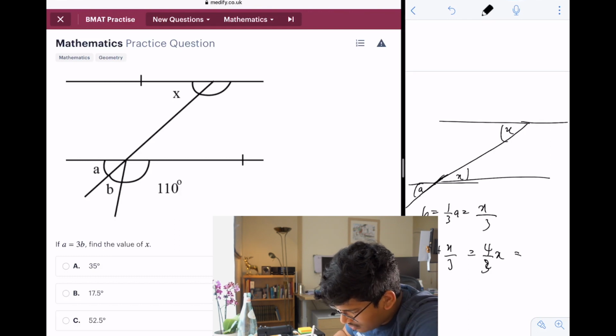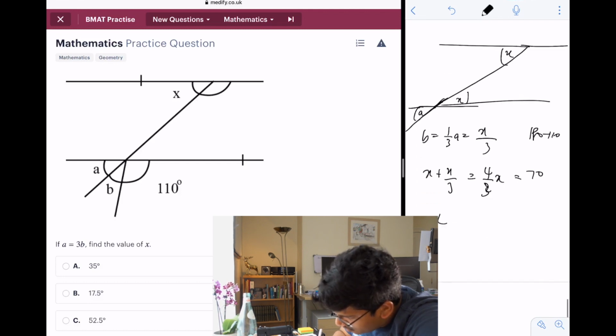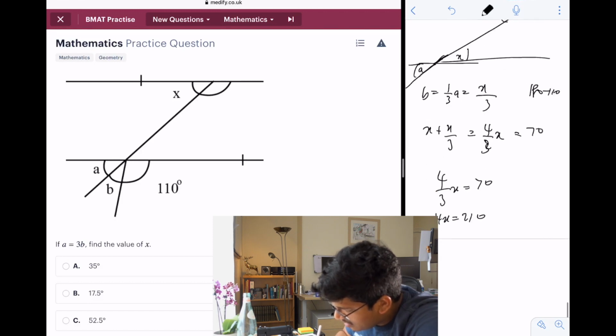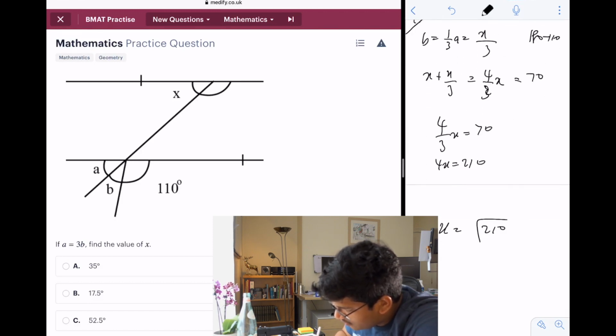That's equal to 180 minus 110, which is equal to 70. So 4 over 3x is equal to 70. 4x is equal to 210. X is equal to 210 over 4, which is 50, 200, 10, so 52.5. Great.